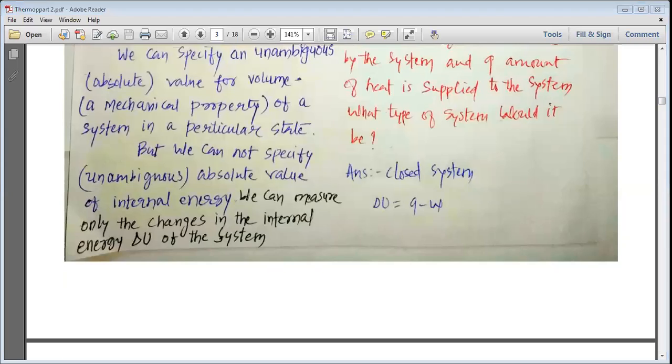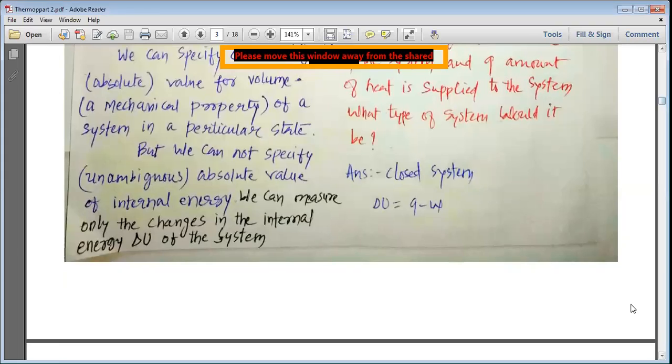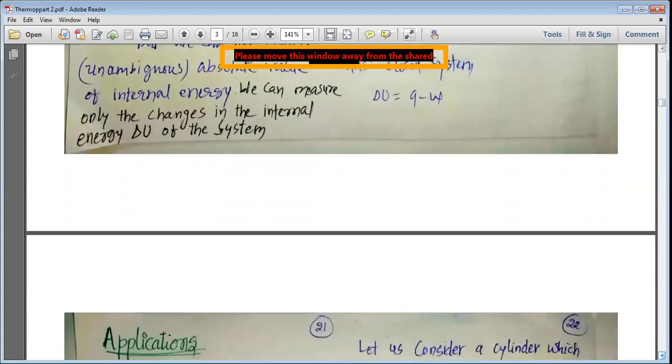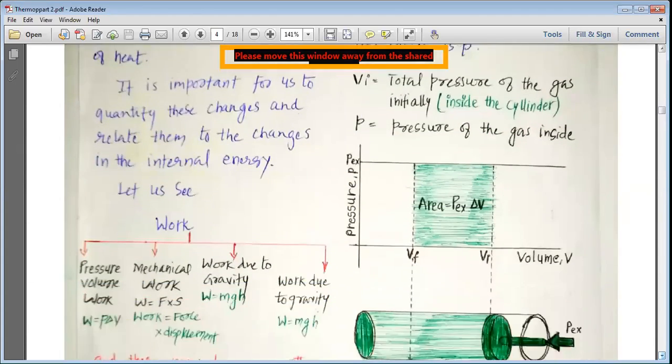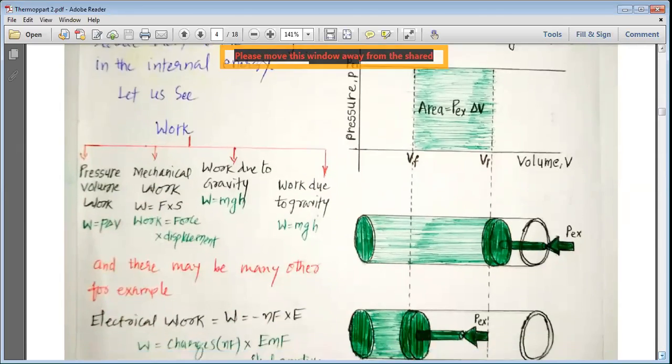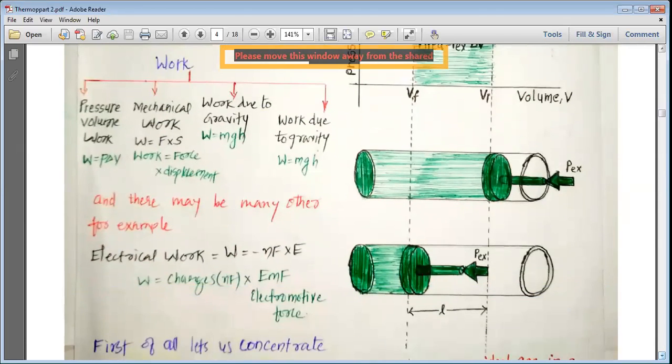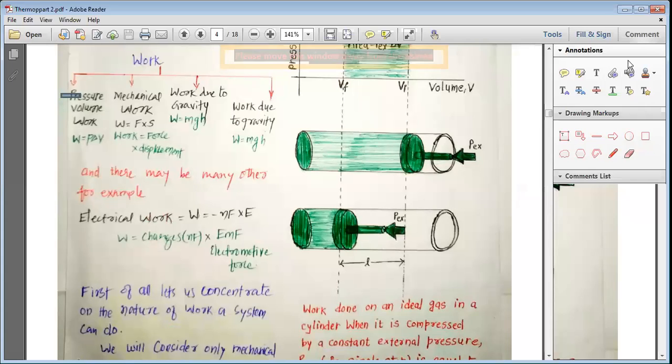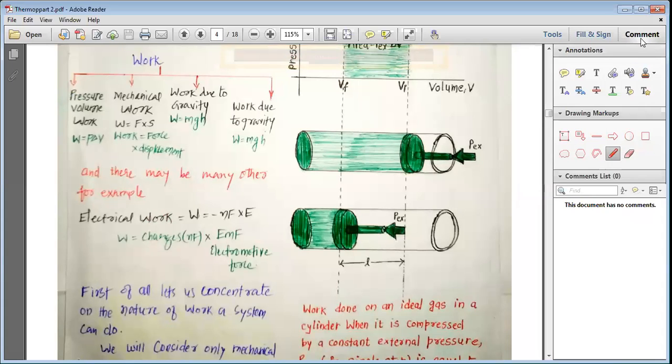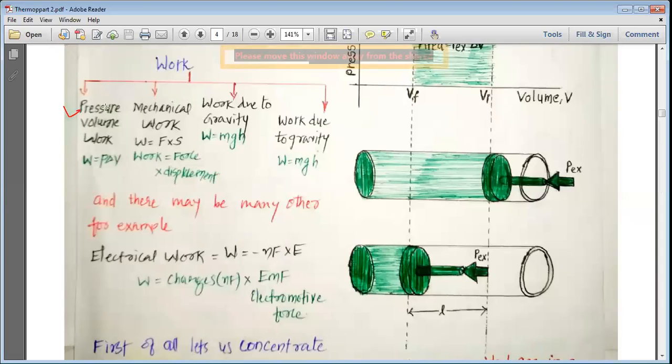Let's do a revision. Yesterday we started studying about work, and we have studied various types of work. We have seen that we may have the pressure volume work, mechanical work, work done by gravity.